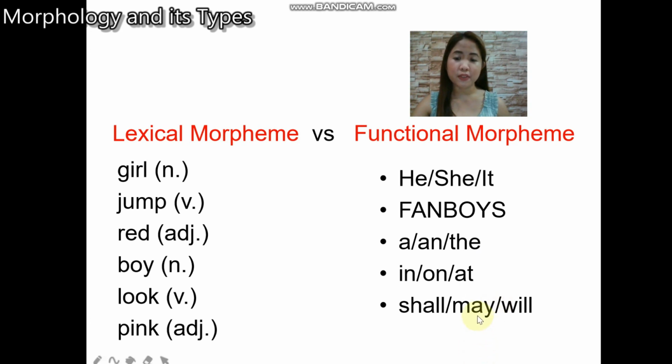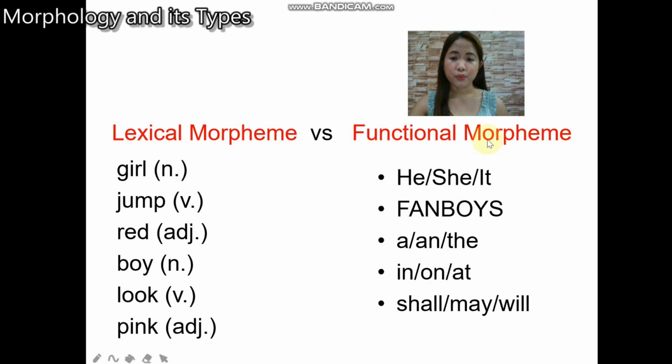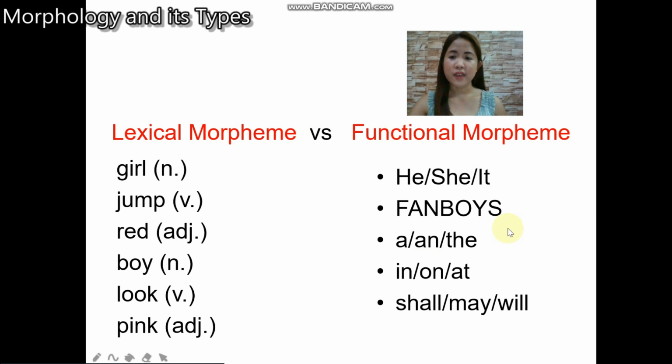And we have auxiliary verbs or helping verbs in the form of shall, may, will. Remember that words in this functional morpheme don't have clear meaning, but they do have a grammatical function. These functional morphemes are needed to establish relationships to the lexical morphemes, because the construction of a well-written sentence won't be possible without the help of these functional morphemes.